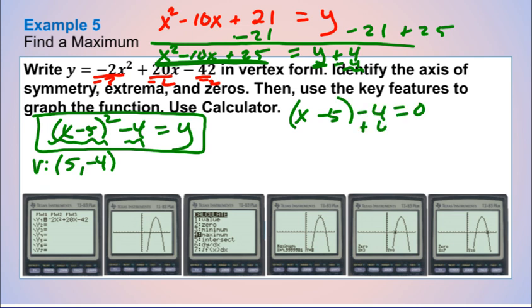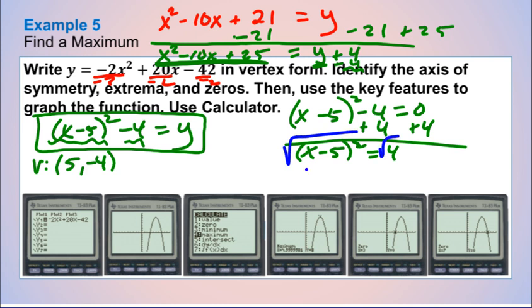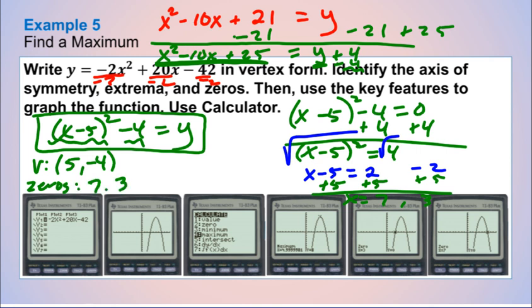I'm going to add 4 to both sides. x minus 5 squared equaling 4. Find the square root of both sides, and I'm left with x minus 5 equals 2 and -2. Now I can add 5, and I'm left with x equaling 7 and x equaling 3. So my zeros are 7 and 3.